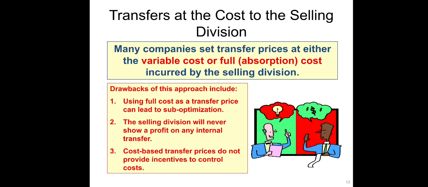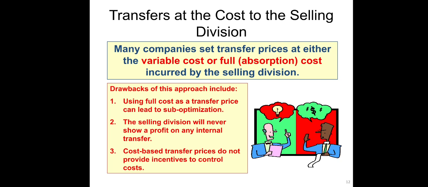This is easy because there is no need to negotiate. The company can just make a policy that says if a segment within the business needs to transfer a product or service to another segment, then the transfer price is set at cost. So that's it. No negotiation, nothing.